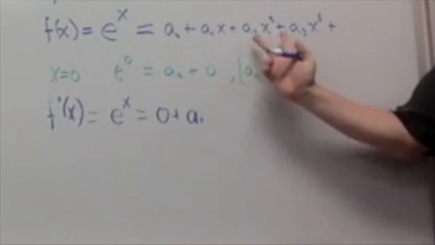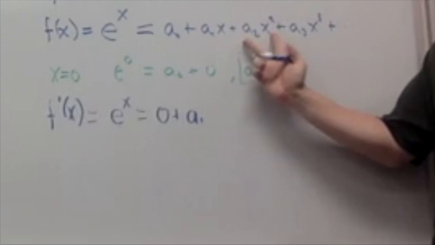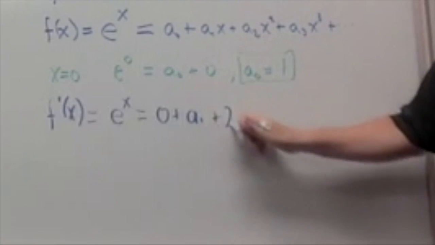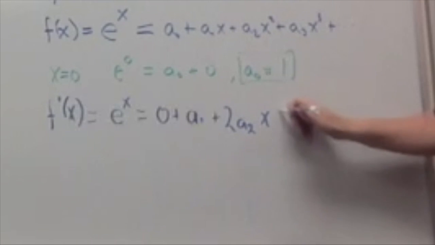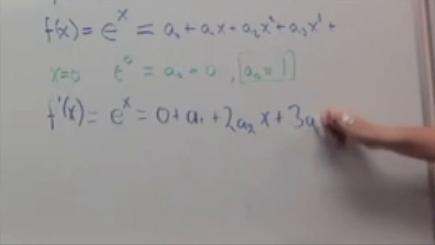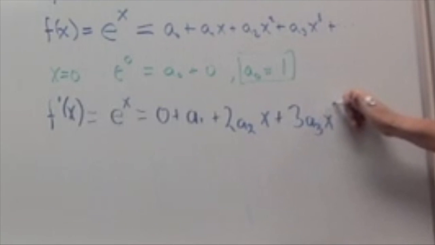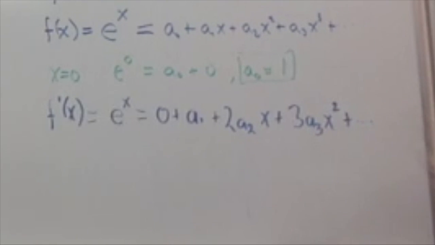The next term, if you take the derivative, is 2a2 times x. And then 3a3x squared.